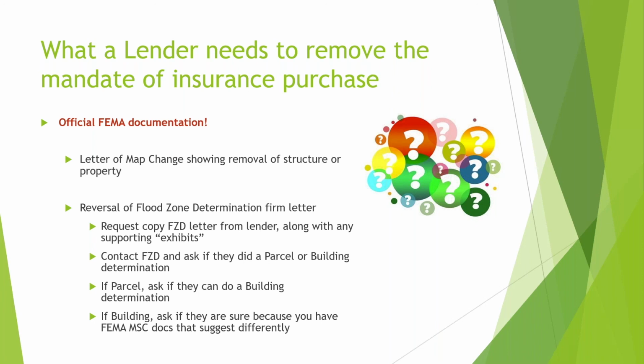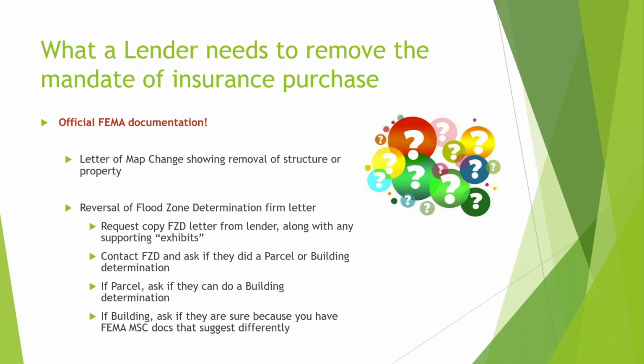So basically, to understand this, lenders are required to have a determination made as to whether or not a structure is in the floodplain, because federal law says that if you're lending money that has any federal investment in it, which is, again, 99.9% of all mortgages, then the lender has to determine whether that structure is in the floodplain, because if it is, the lender has to require flood insurance.